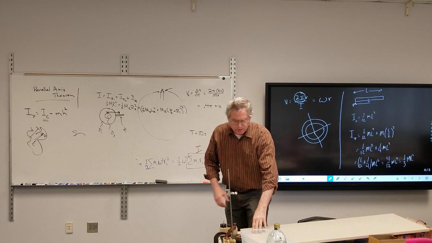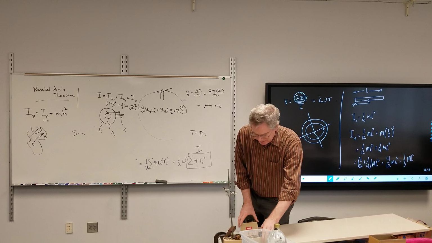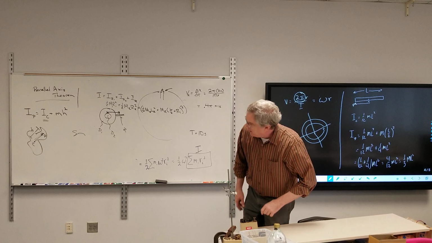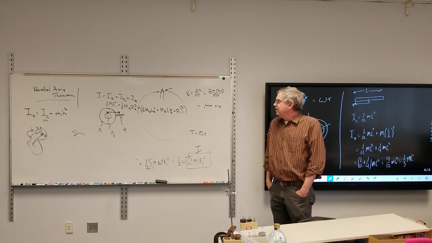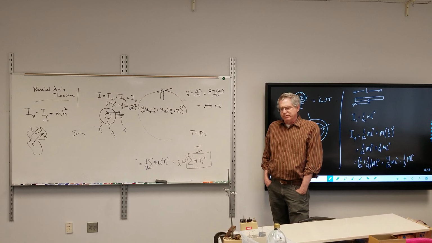If rotating about point C, would it just be IC equals IP minus MH squared? Yeah, generally you're given a formula for IC.